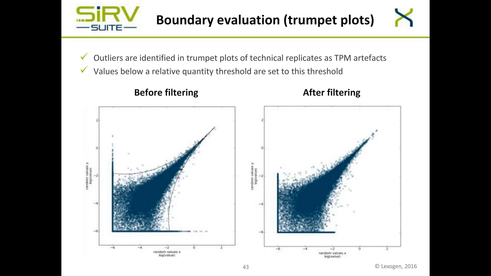And because it is such a short annotated transcript, one of the TPM values would be really high, and this filtering identifies these outliers and adjusts it to a threshold that you have defined before. Also reads below the threshold are set to this threshold, and that's what's done here.